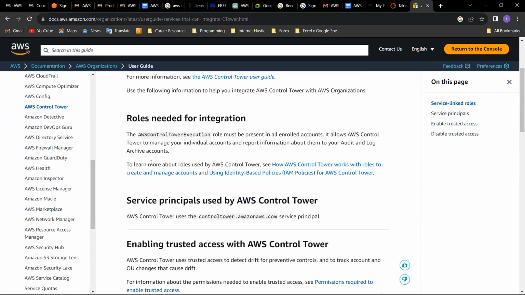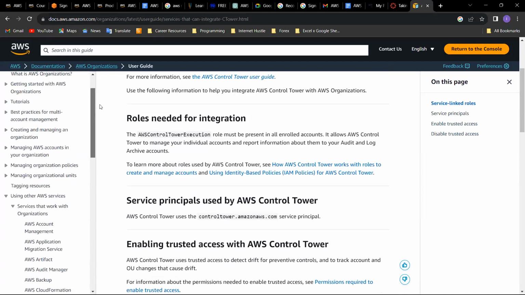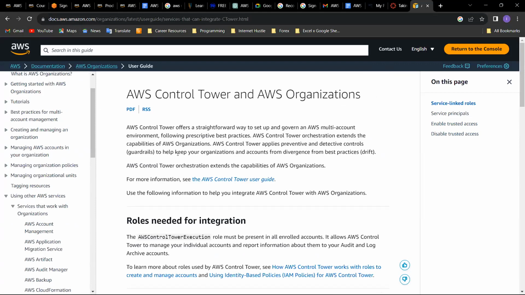From the definition, it looks like Organizations is rather under Control Tower. I agree, but the services say AWS Control Tower orchestration extends the capability of AWS Organizations.